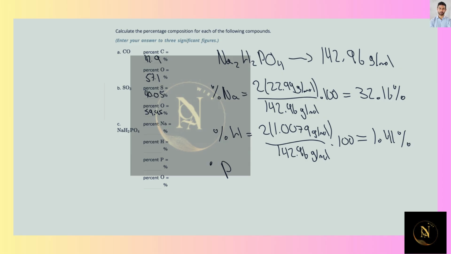For phosphorus, we are going to have a single phosphorus, so we can go ahead and directly plug in here the atomic mass for phosphorus over the molecular weight, 142.96 grams per mole, times 100. And this is going to give us 21.66%.